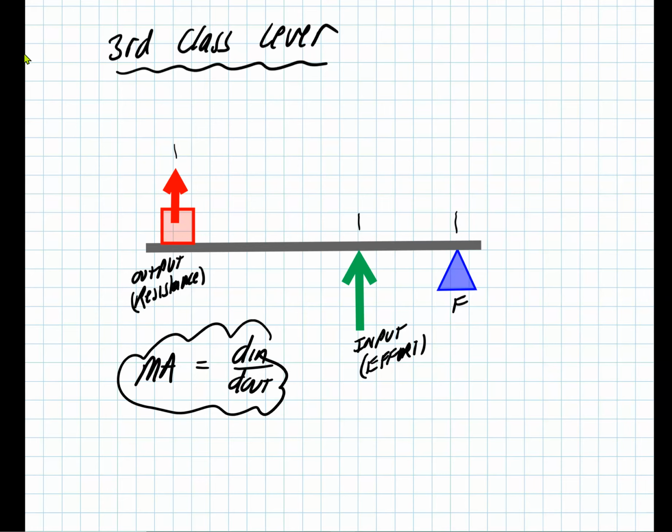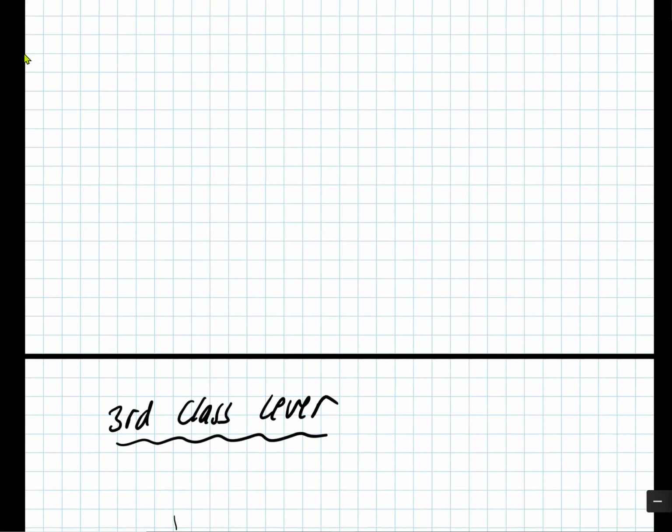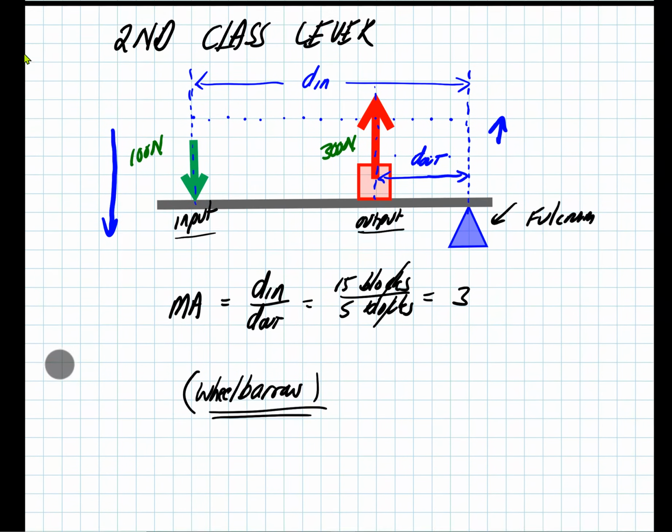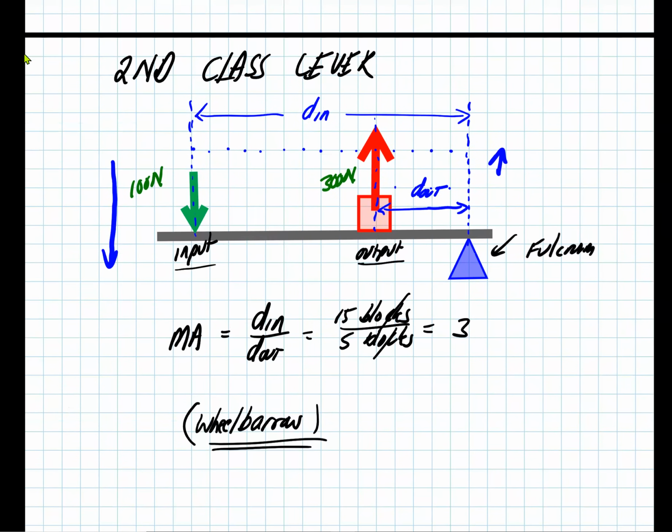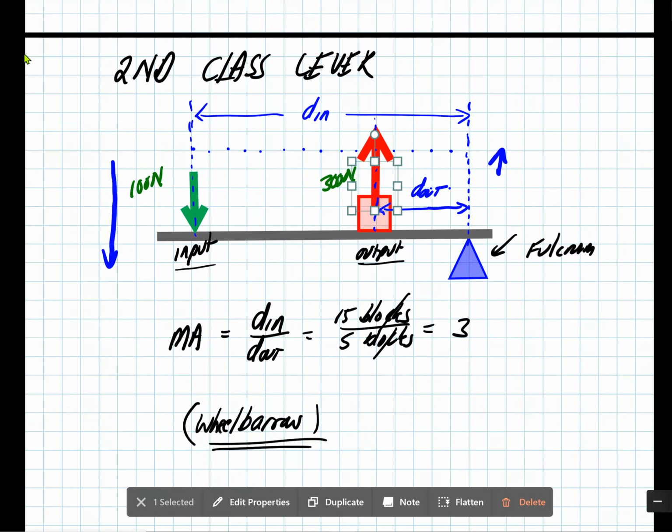Why isn't this a second class lever? On the second class lever, both forces were on the same side. Well, let's go back and look. On a second class lever, the output force is closer to the fulcrum than the input force.